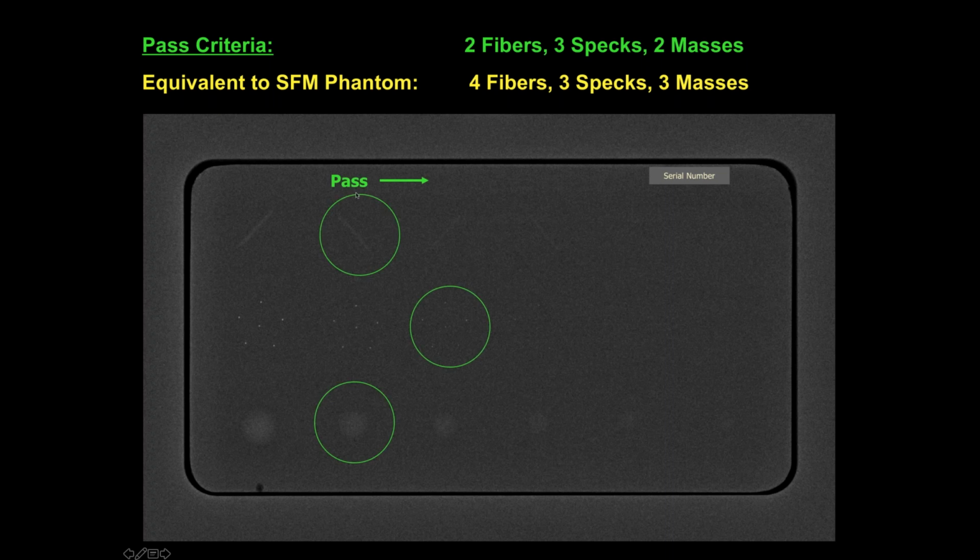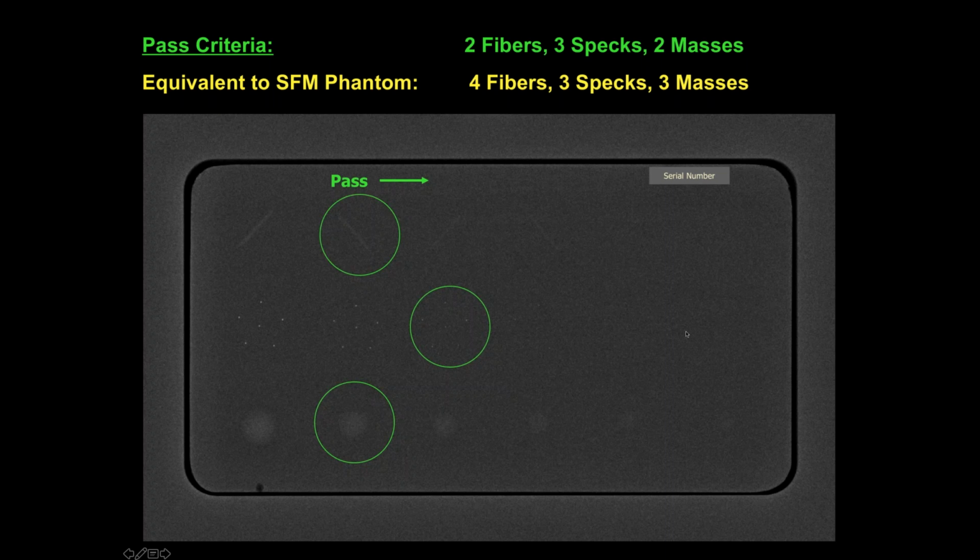So the pass-fail for the new Digital Phantom is 2 fibers, 3 spec groups, and 2 masses. However, the physical size of that mass or that fiber is the same size as the screen film. So that's the same size as the 4th fiber. This is the same size as the 3rd spec, and this is the same size as the 3rd mass. So the sizes of these pass-fail are exactly the same as the screen film.